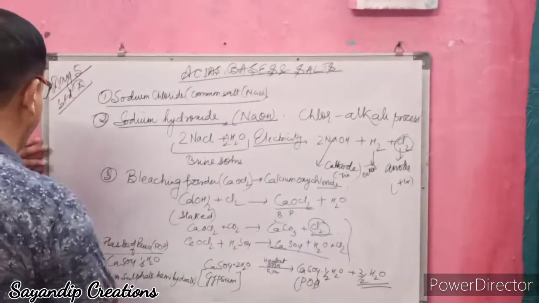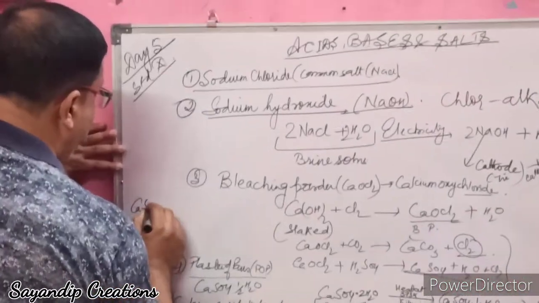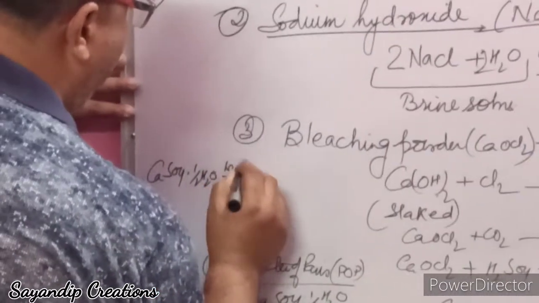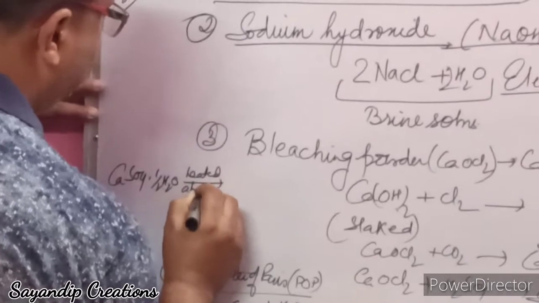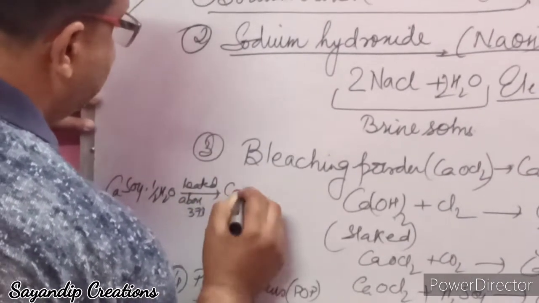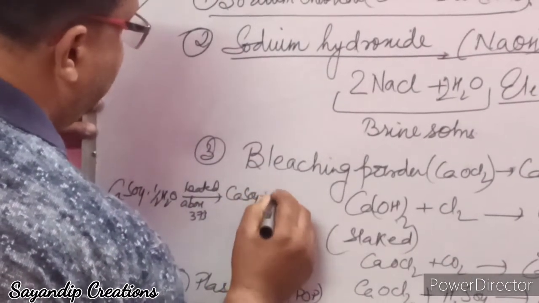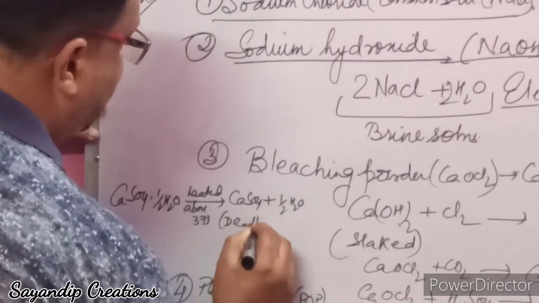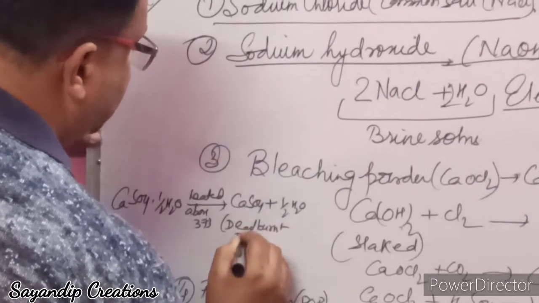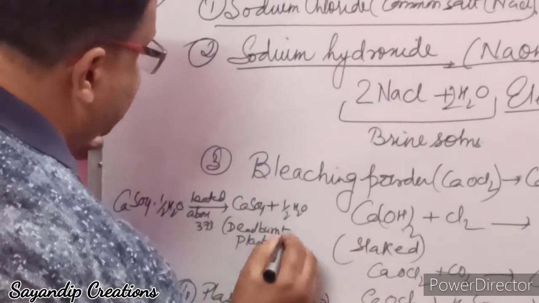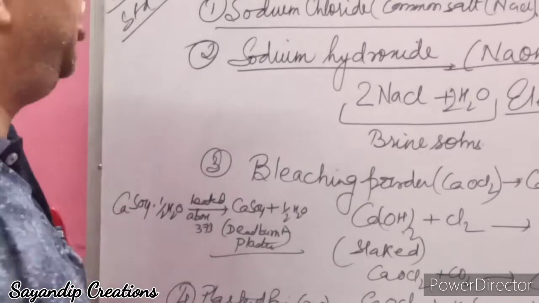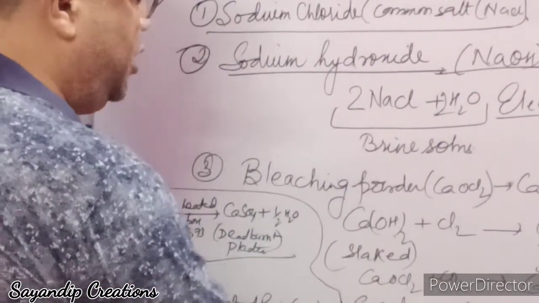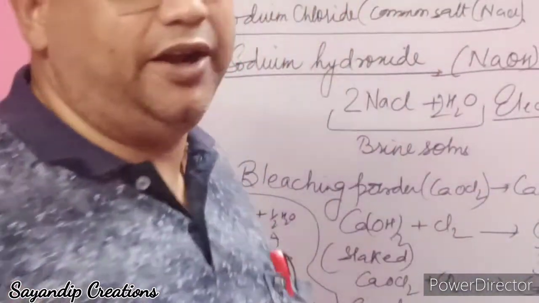So if CaSO4 half H2O is heated above 373 K, it just forms calcium sulfate plus half H2O. This is dead burnt plaster, which is of no use. So these things you should keep in mind.